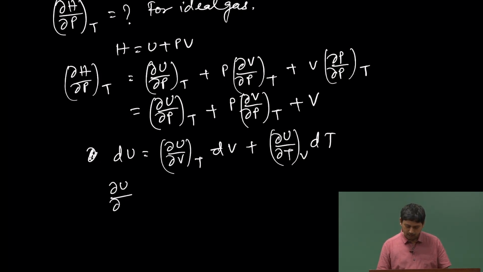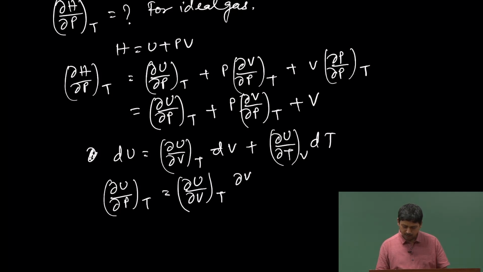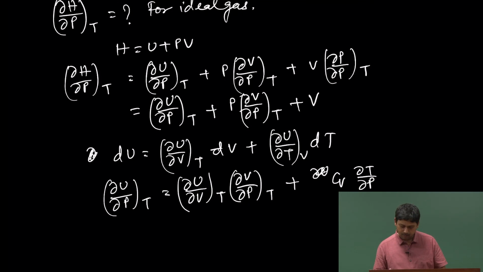So, del U by del P at constant T is del U by del V at constant T times del V by del P at constant T, plus del U by del T at constant V, which is Cv, times del T by del P at a constant temperature.